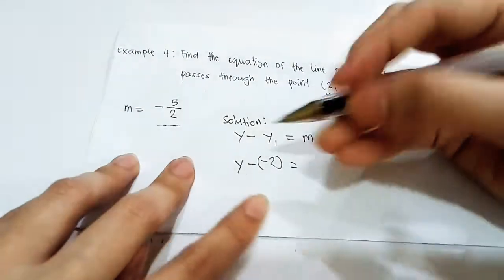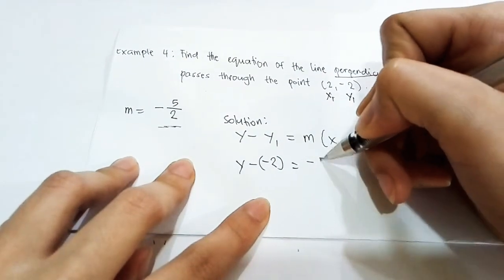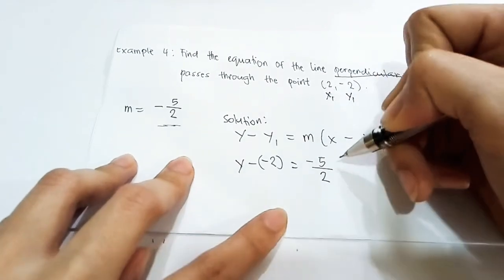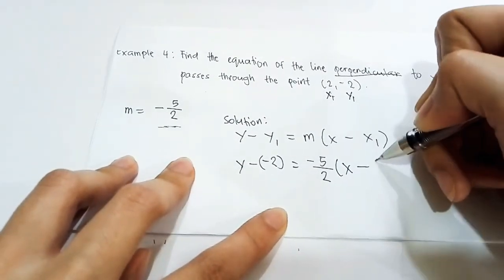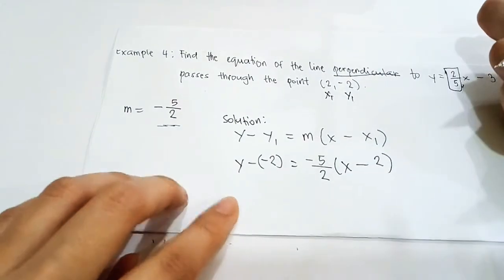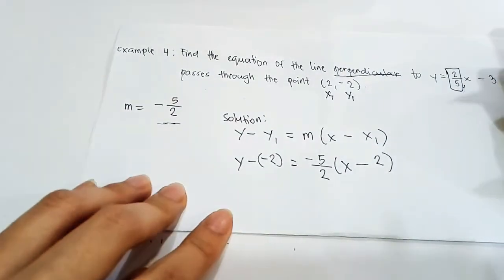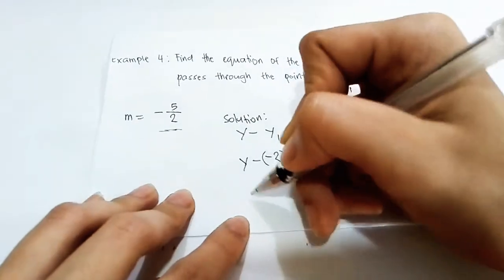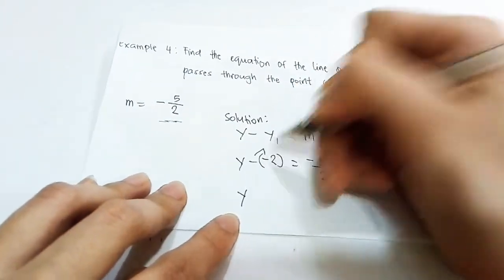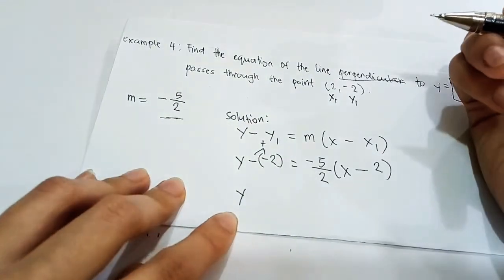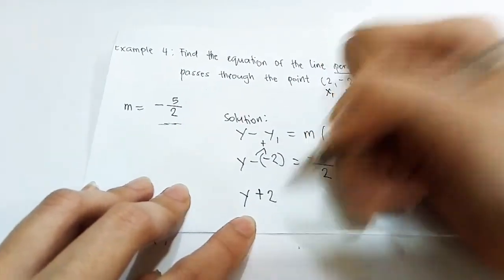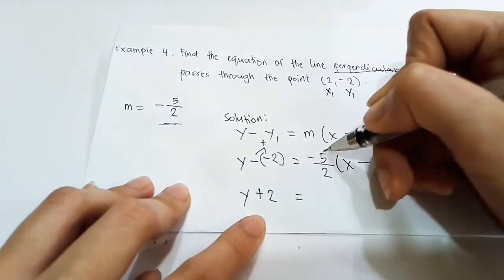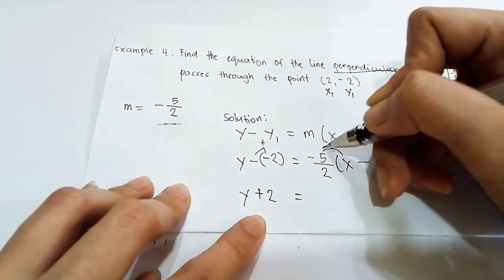So that is negative 5 halves times (x minus x sub 1), we have 2. Okay. After that, simplify the result. We have y, so we have here another 2 negatives, that is positive 2 equals, so distribute negative 5 halves.